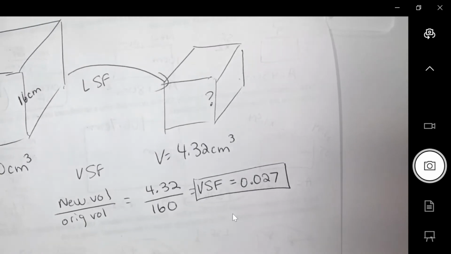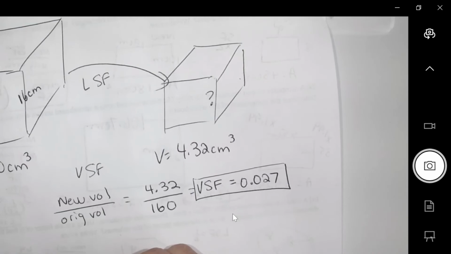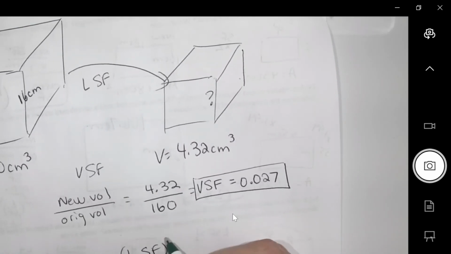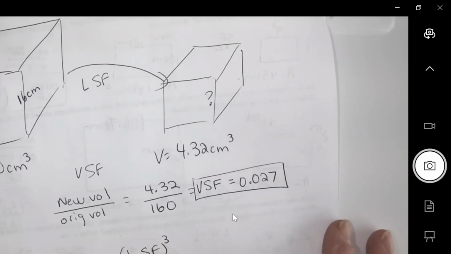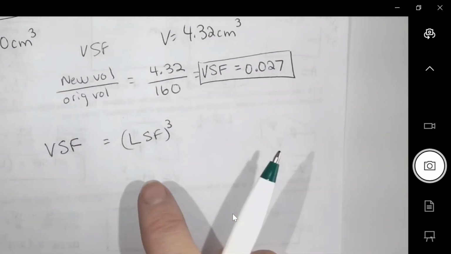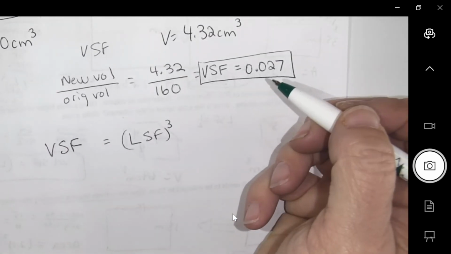Okay, what is the scale factor for the linear then? 0.3. What do we do to get it? So we take the volume scale factor equals the linear scale factor cubed, right? So to get this, we're going to have to cubed root.